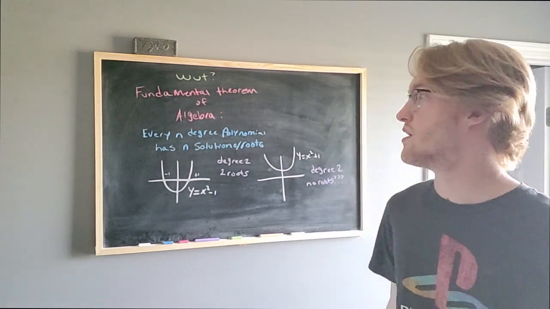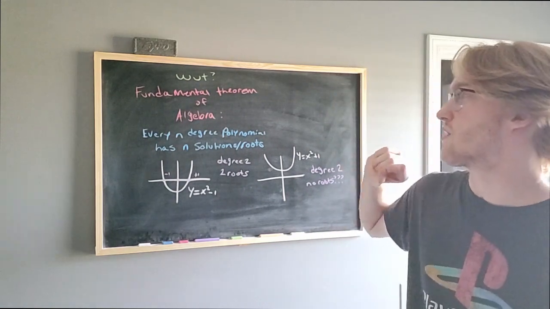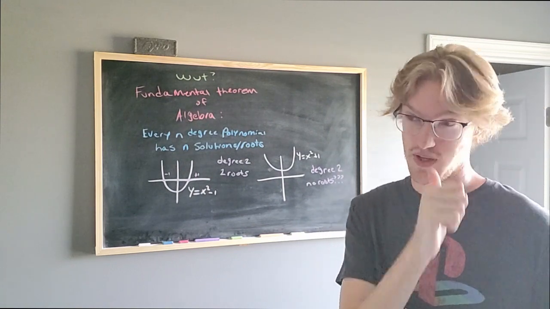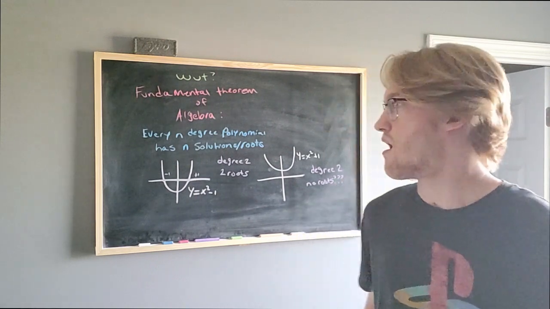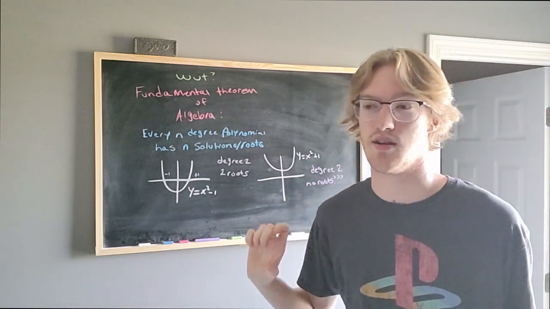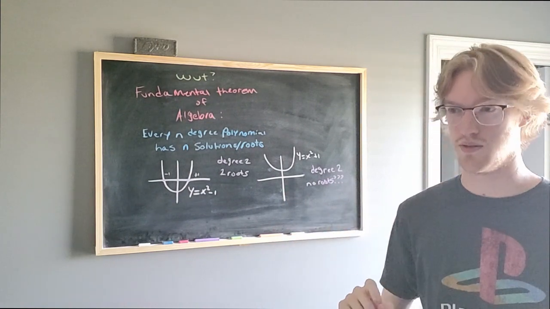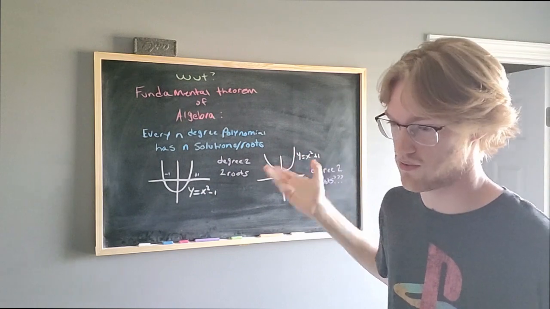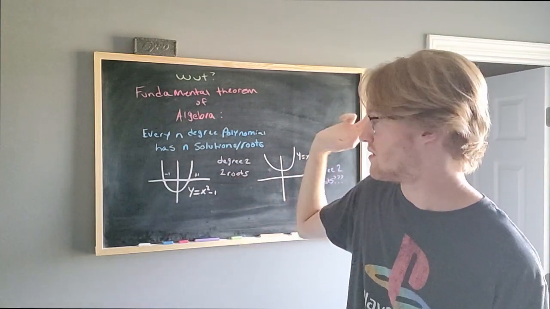Kind of crazy. So where do they come from? There's this thing called the fundamental theorem of algebra. Very big, spooky title for something that's mostly very simple. All this states is that if you have a polynomial of degree n, meaning the largest term in the polynomial has degree n, it has n solutions or n roots, which means it intersects the x-axis n times.